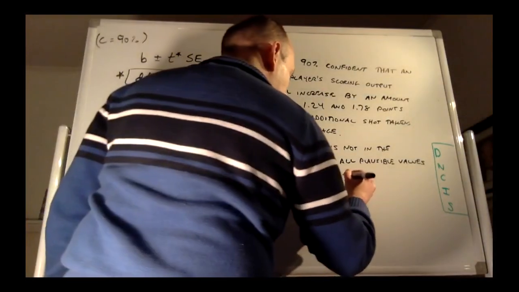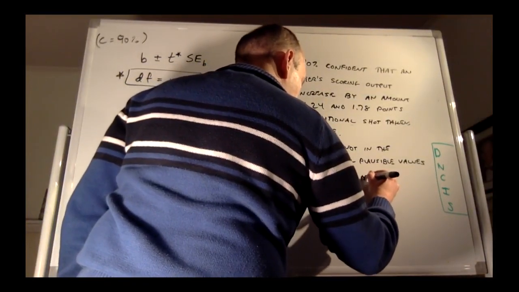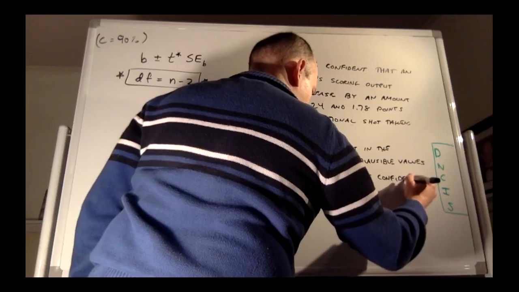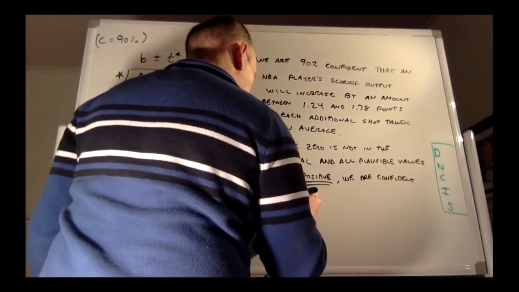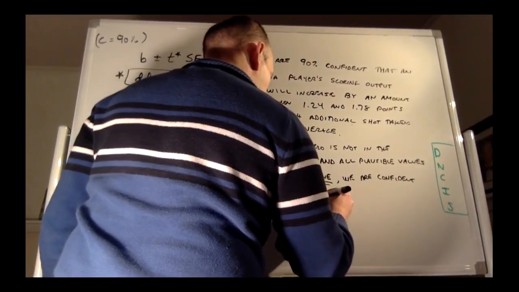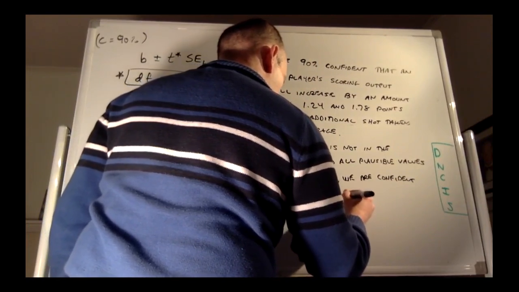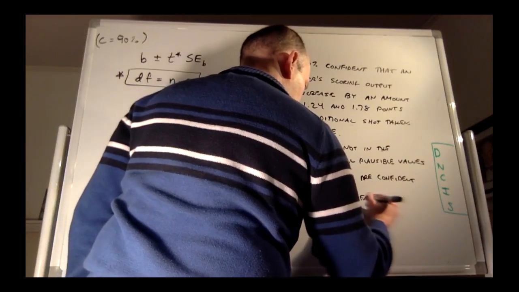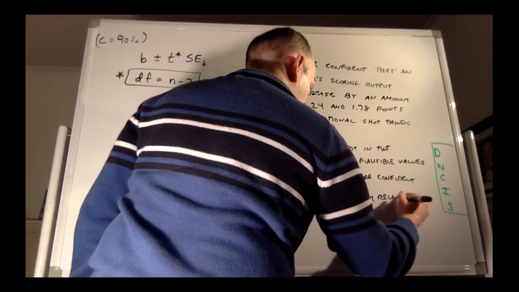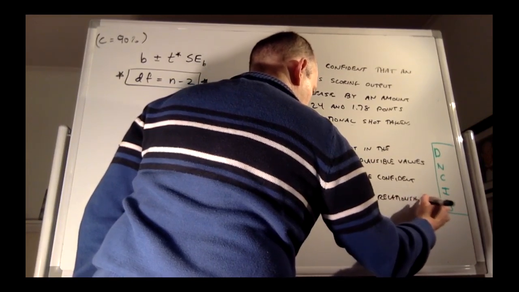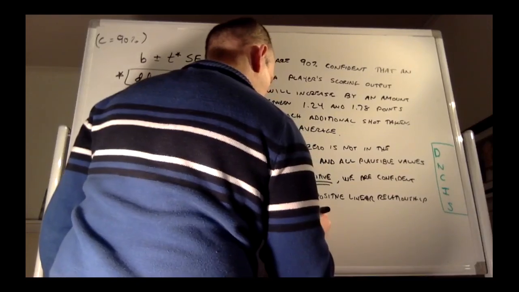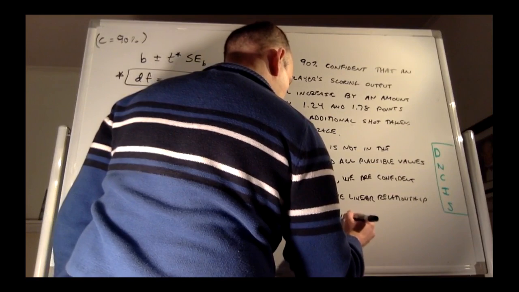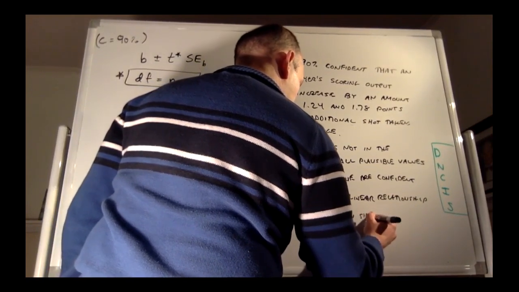We can say we are confident that a positive linear relationship exists between shots per game and points per game.